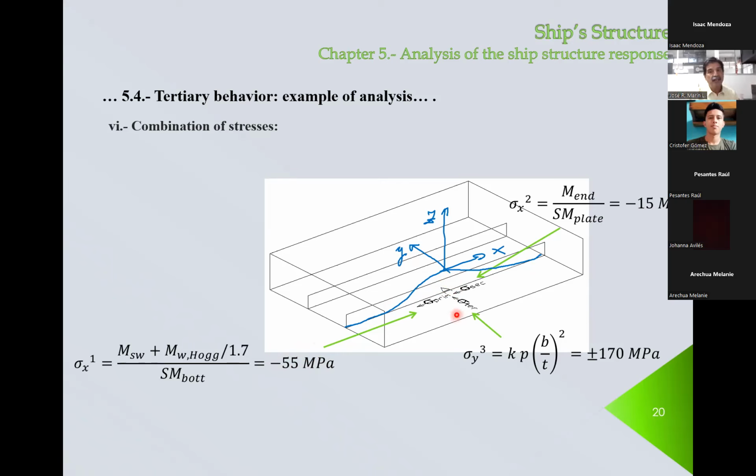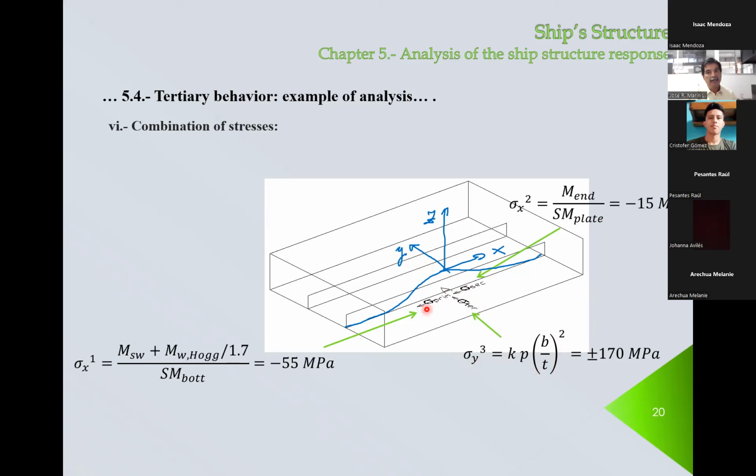Now, the tertiary, remember that the largest bending moment occurs in the direction of the shortest side. So obviously, this is the direction of the shortest side, but this is the y direction. So that's the tertiary, it points in the y direction. And this is the way it is calculated.